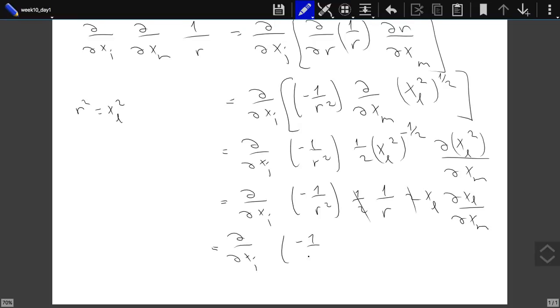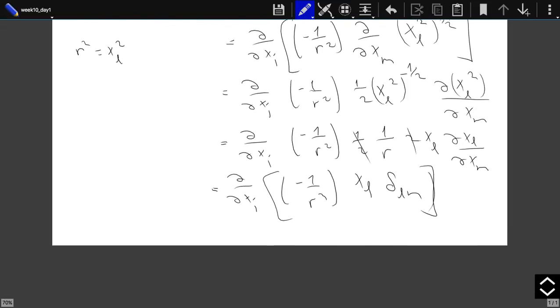This is ∂/∂x_j of minus 1 over r cubed times x_l. The derivative of x_l with respect to x_m is, well, components are independent of each other. So if l and m are different, it is just 0. If l and m are the same, it's just 1. So it's the Kronecker delta l m.